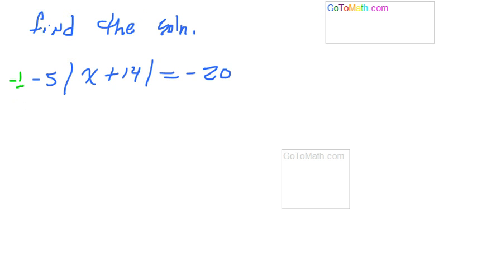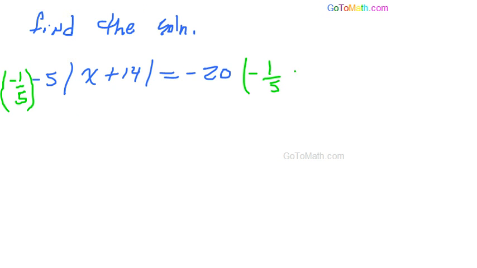So we'll multiply both sides by negative 1 over 5, and we'll put that in parentheses because of the negative symbol. Now we have negative 1/5 times negative 5 here, and that gives us a 1.